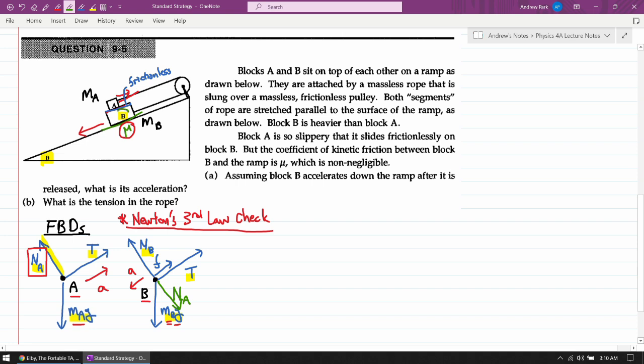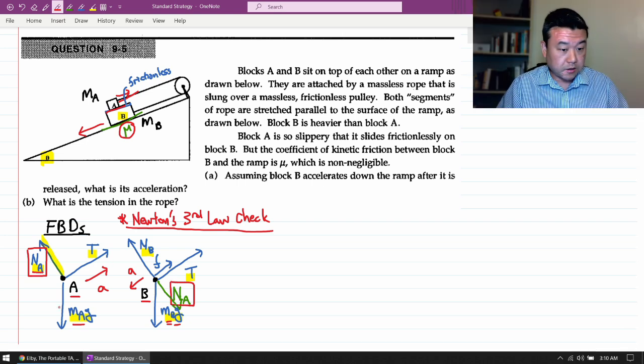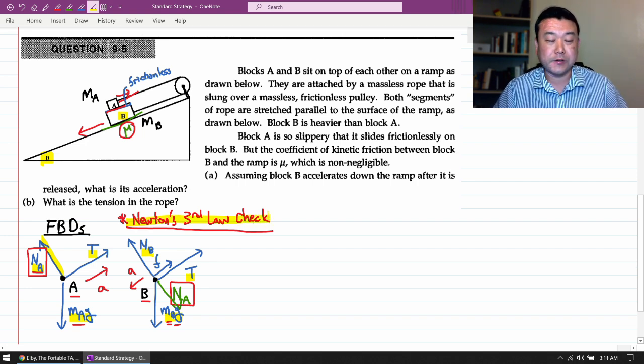Because as you are considering block B, you could have noticed that block A is touching block B. So you could have figured there must be a normal force that's pushing down on block B. Now, the additional thing that Newton's third law does give you is that the magnitude of the normal force is something that we have already introduced in our free body diagram. So that's the complete step one. We have drawn all the forces and we have done this Newton's third law check to make sure that we didn't miss any forces of interaction.